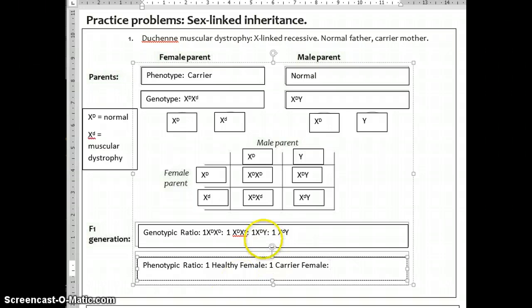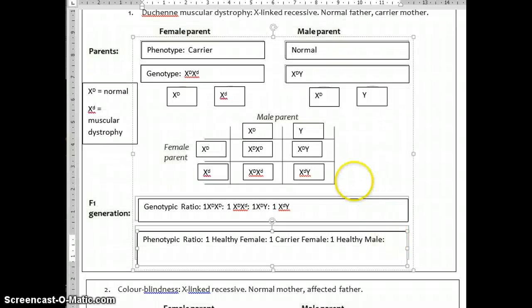Then this individual here, X capital D Y, is obviously going to be our one healthy male. And finally, this individual here is our poor unfortunate soul who happens to be our affected male because he has the X little d Y and does not have one of the normal dominant alleles to protect him from the disorder.